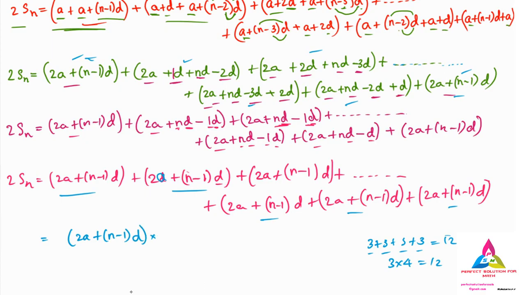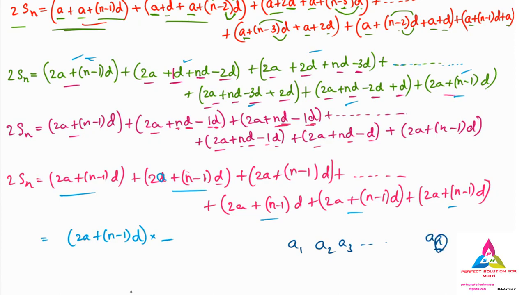For that we have to clearly understand how many terms there are in the AP. How many terms in the AP have we taken? First I wrote an, what is an? We have taken the first one a1, next one a2, next one a3, and so on. The last term is an. So how many terms do we have over there?